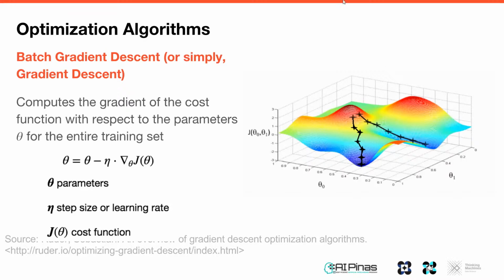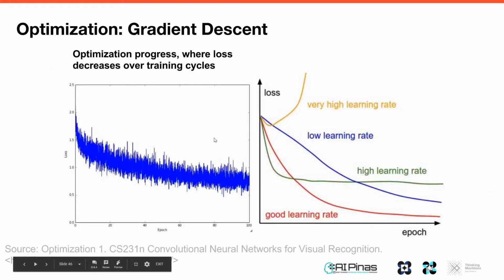Effectively, what you need to pay attention to is that the optimization algorithm has a few hyperparameters. It has your parameters theta, which would be your weights, the updated weights W. There's a learning rate, or step size. The step size is one of those hyperparameters that you have to keep an eye on, that you have to define and tune properly as you build your model. And then you have your cost function here.